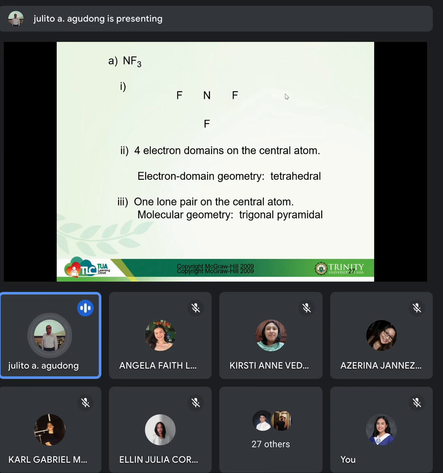What are these 4 electron domains? 3 are bonding pairs, while 1 is a non-bonding pair, right? So the electron domain geometry for the molecule is tetrahedral. But you get 1 lone pair that rests on nitrogen. Therefore, the molecular geometry is trigonal pyramidal.